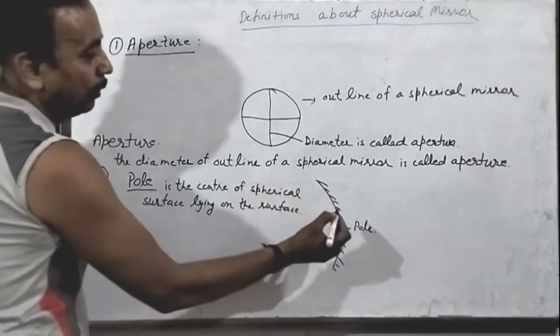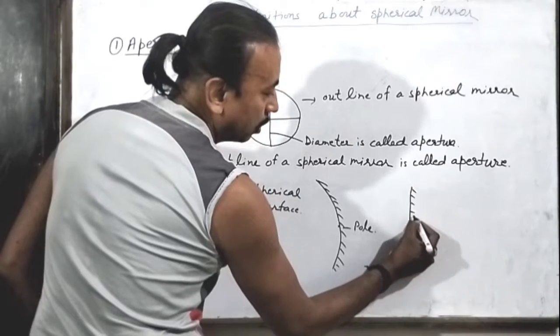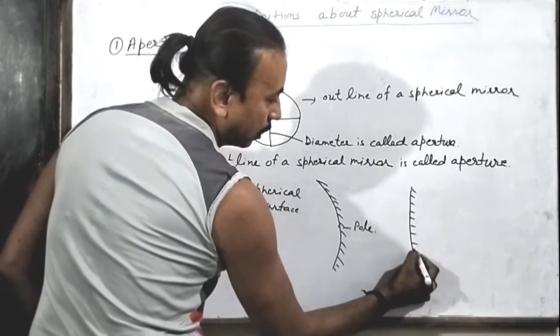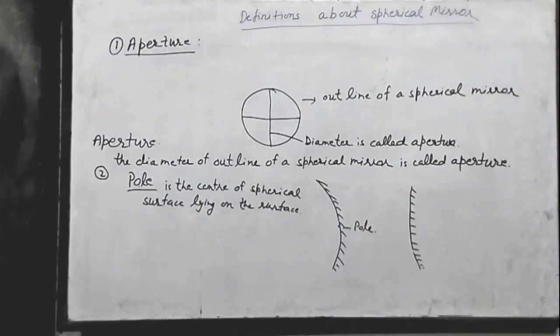When we make a diagram like this, these are not spherical mirrors. These are the cross sections of a spherical mirror. We use cross sections to show the mirror.